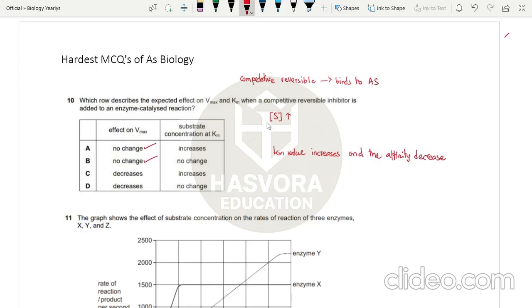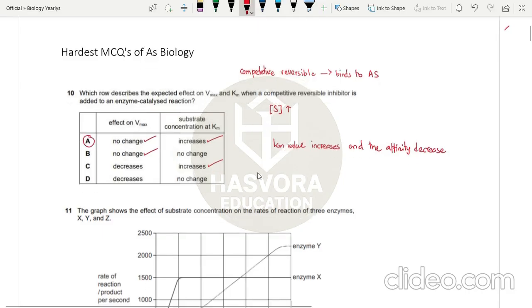So they are asking substrate concentration at Km. So it means that the Km value will increase as the affinity for the substrate is decreased. So A will be the answer for this question.